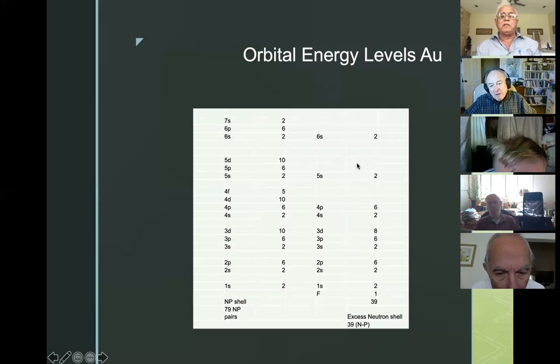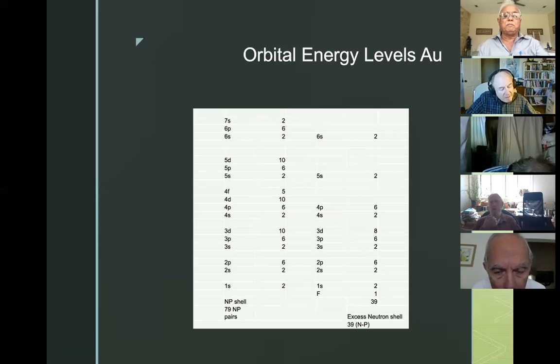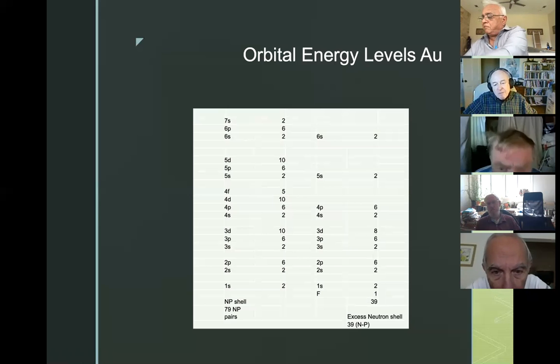When you go up and look at it, you can see that this matches. The 4F in the NP shell has 5 NP pairs, and in the 3D shell this follows the normal packing order for the shell.